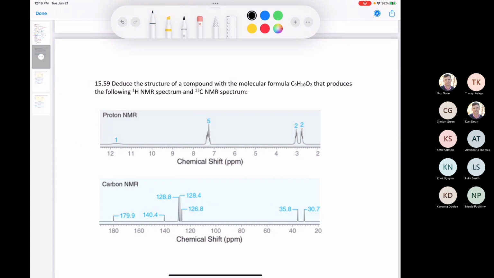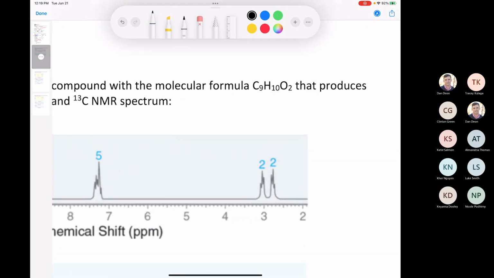Did anybody calculate the HDI? So if you have C9H10O2, HDI is equal to, could anybody answer that one? Remember, if you need to use the formula, HDI is equal to 1/2 of 2 times the number of carbons, plus 2, plus the number of nitrogens, subtract the number of hydrogens and the number of halogens.